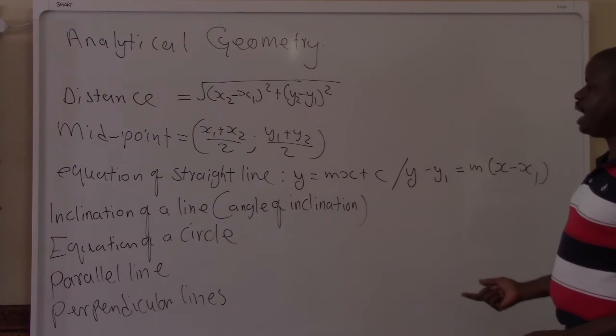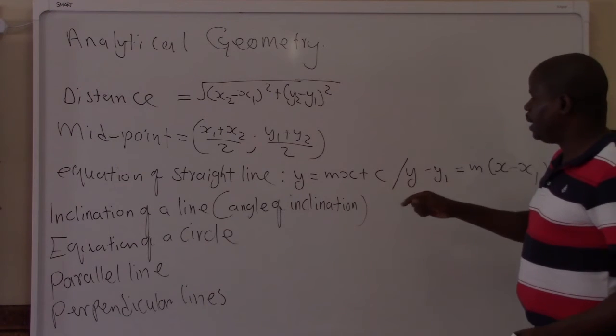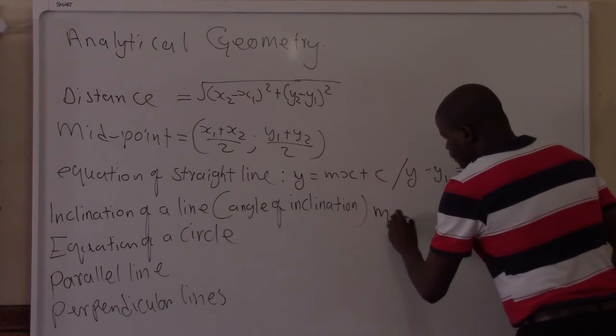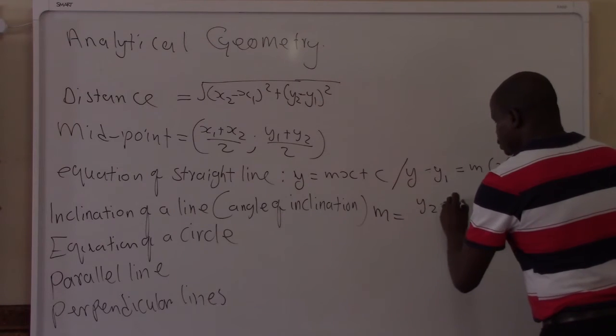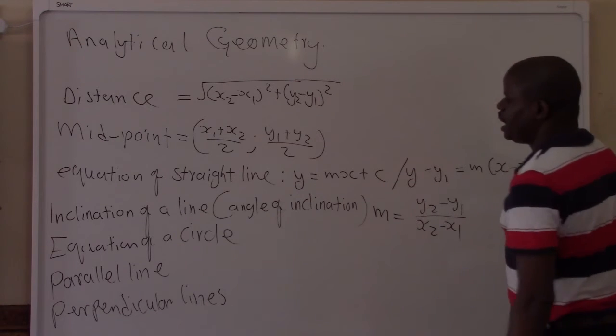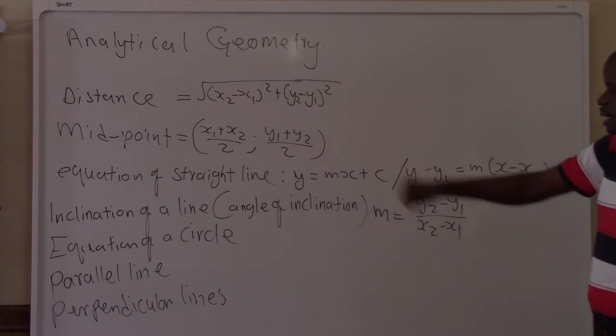And then sometimes when they want you to find the inclination of a line, you just say here, like the gradient here, m is equal to y2 minus y1 over x2 minus x1. So that is where we get the inclination of a line.